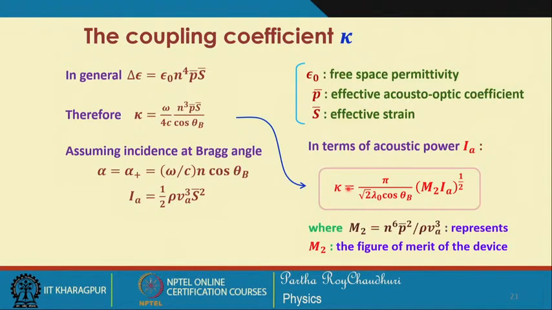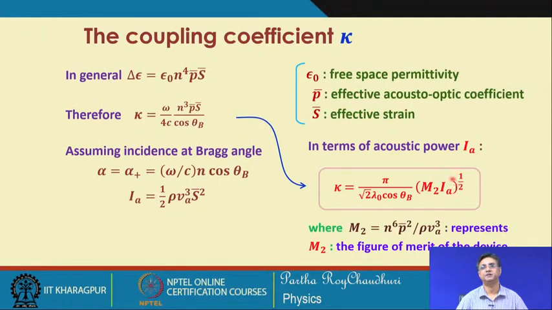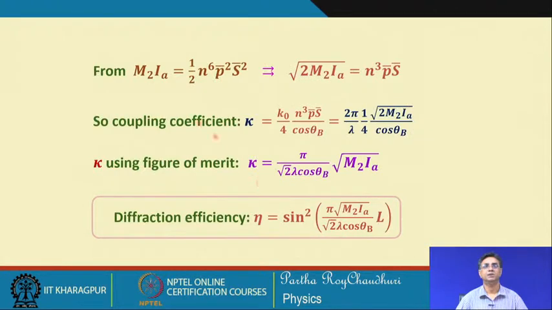Therefore, we can write this coupling coefficient in this form, which will be twice pi under root lambda 0 cosine beta and the figure of merit multiplied with the acoustic power. In terms of this figure of merit we represent this coupling coefficient, which is very useful. That is why I am talking about this. These numbers from the design point of view will be useful.